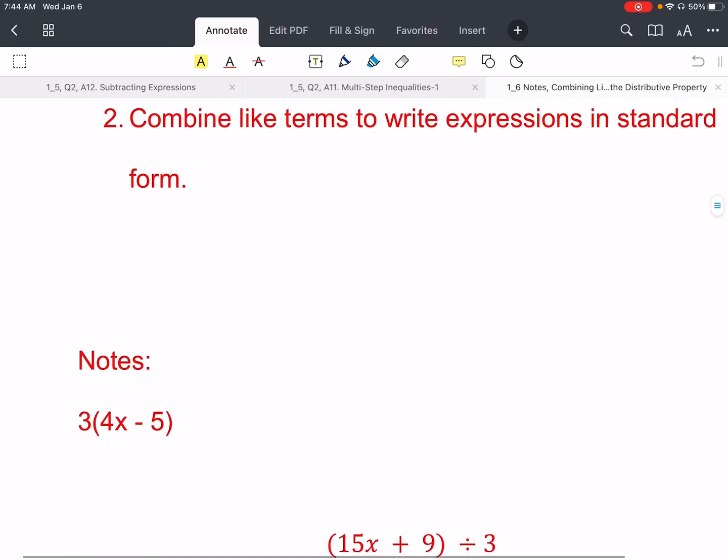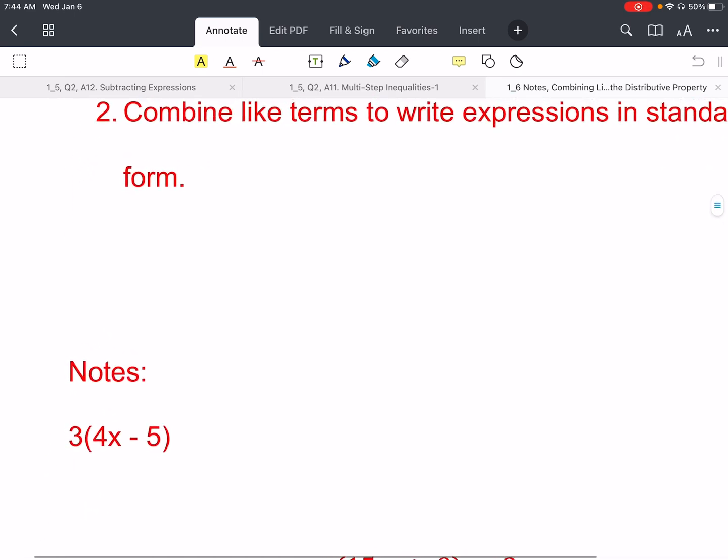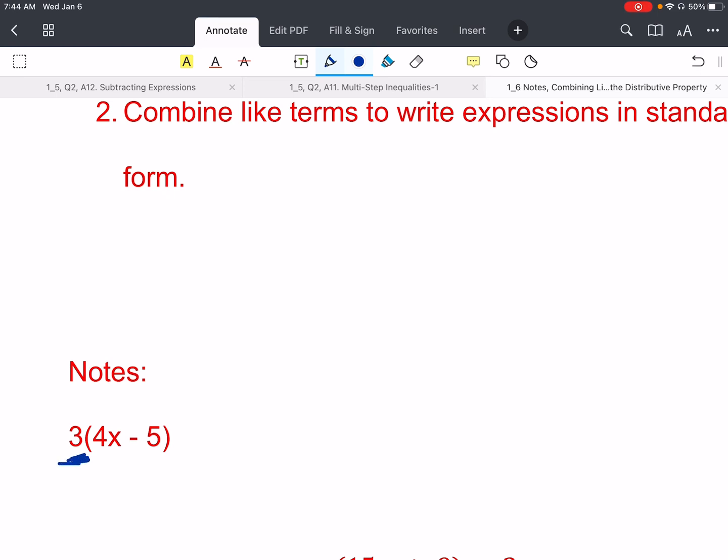So when we're using the distributive property, we have the format of a term with a number outside the parentheses. So here we have three groups of 4x minus 5.